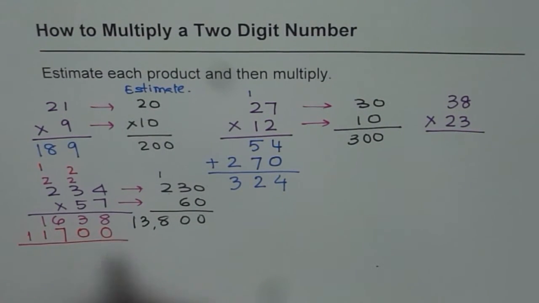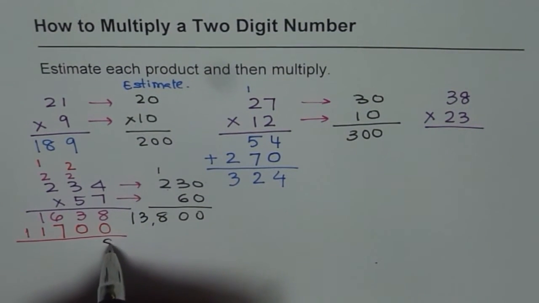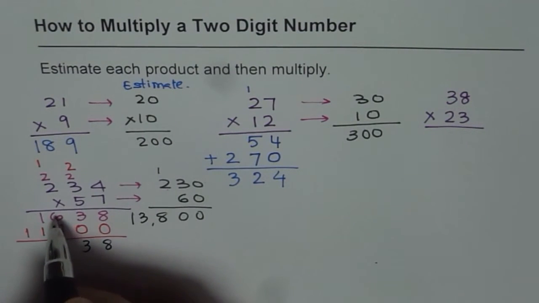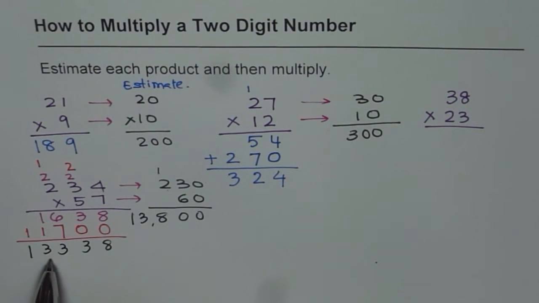And let's add them up to find the answer. 8 plus 0 is 8, 3 plus 0 is 3, 7 plus 6 is 13, 3, 1. We get 3 and then we get 1. So we get 13,338. Well, that is very close.